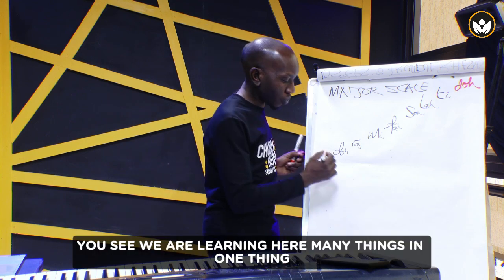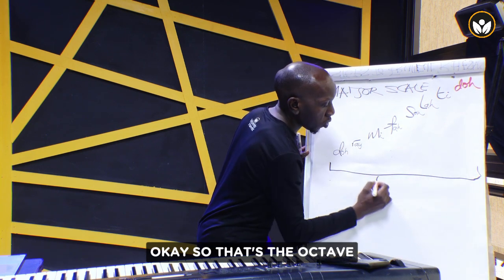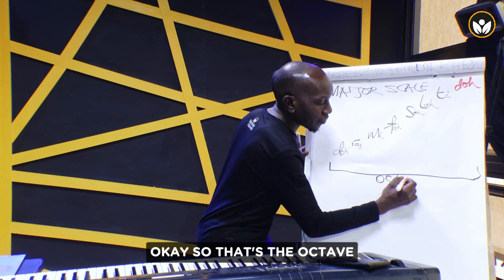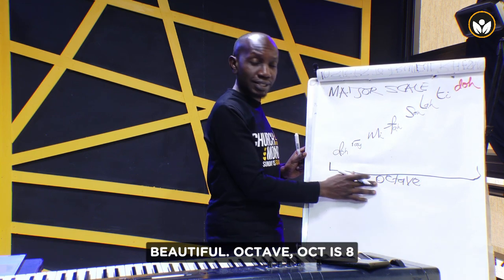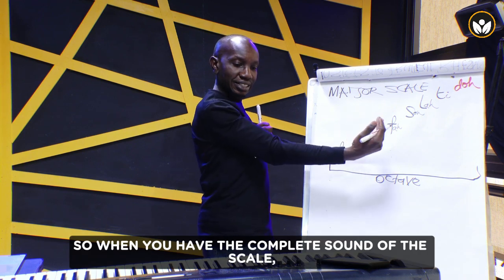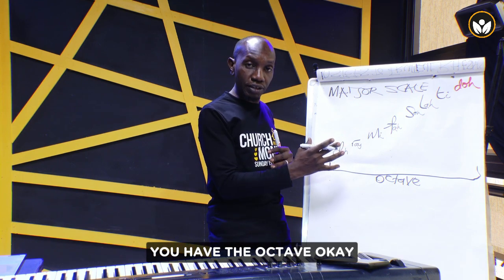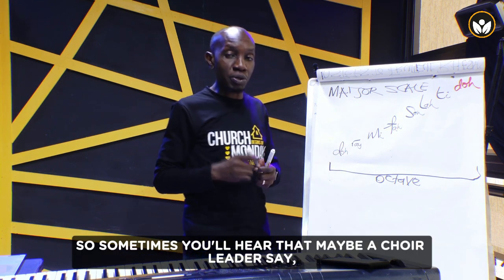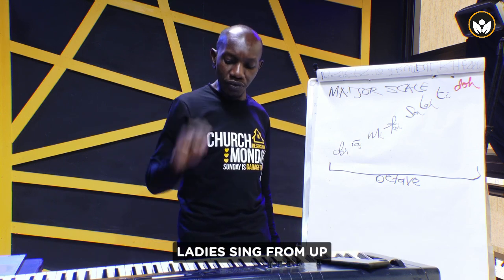You see, we are learning many things in one thing. Beautiful. Octave. Oct is 8. So when you have the complete sound of the scale, you have the octave. Sometimes you'll hear maybe a choir leader say, "Ladies, sing from up."